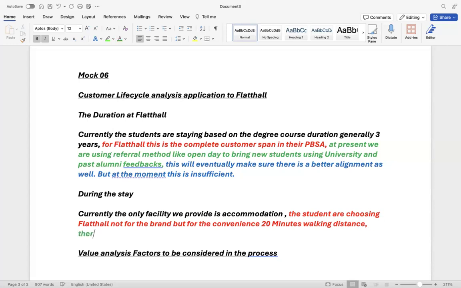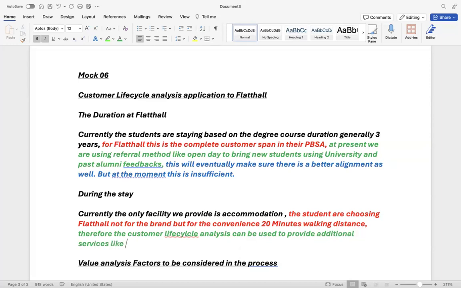Therefore, the customer lifecycle analysis can be used to provide additional services like a canteen or a mess.